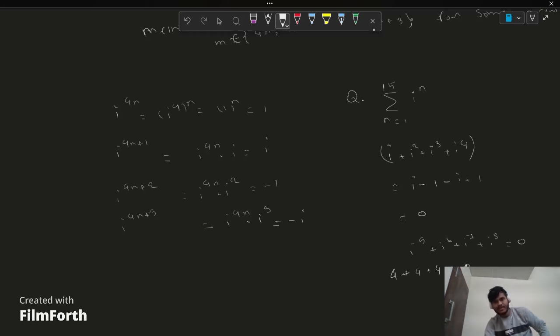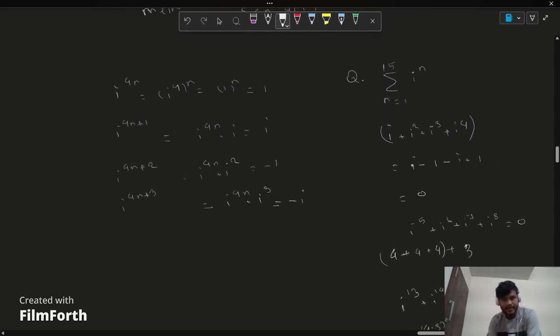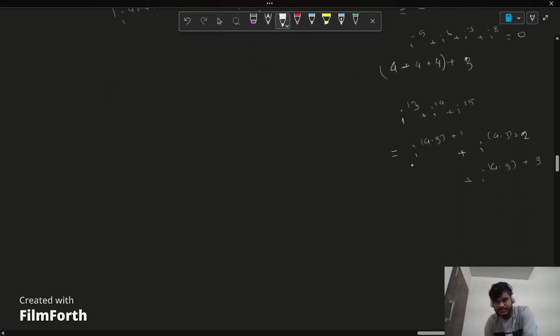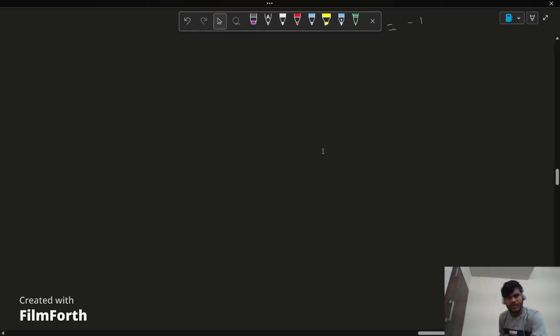We are remaining with 3, and we can see the table here. It is basically i plus i square plus i cube, that will give us minus 1.